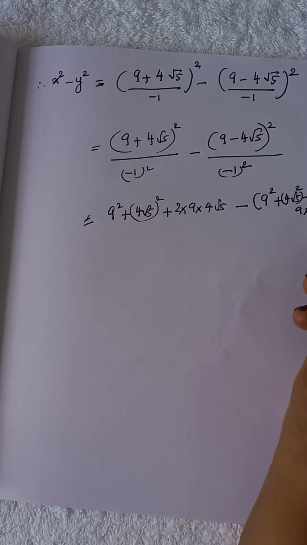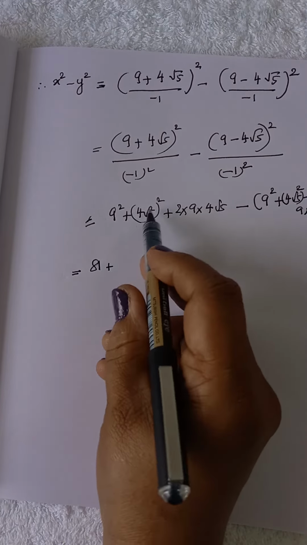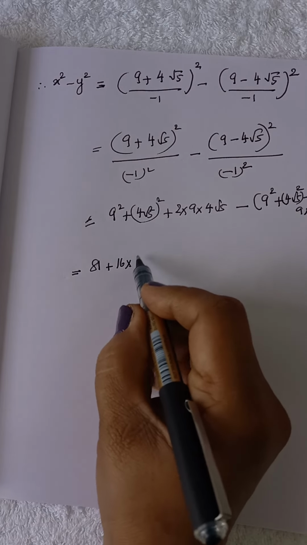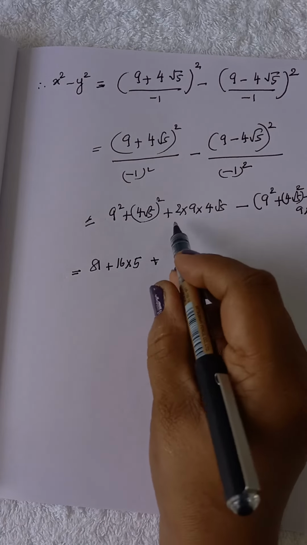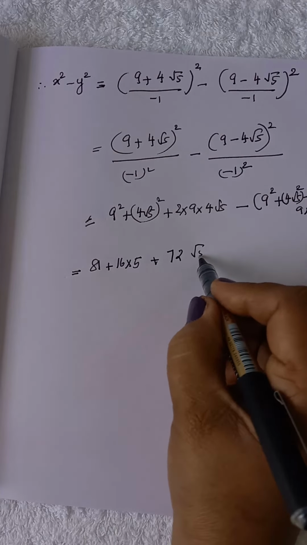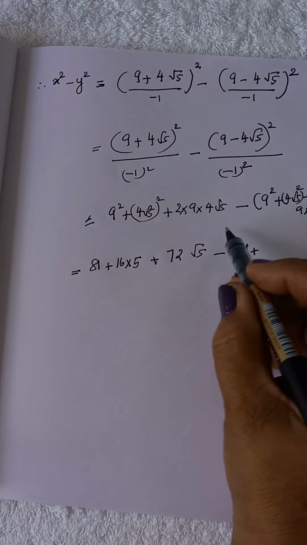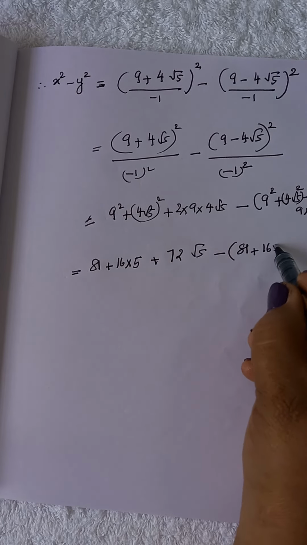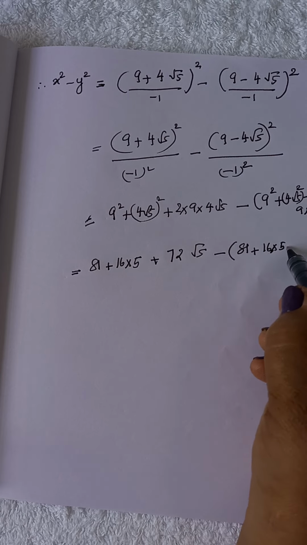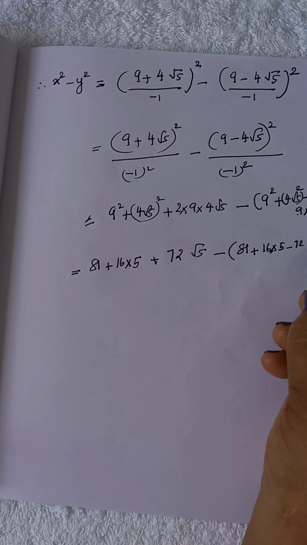That is equal to 9 square, that is 81. 4 square is 16 into root 5 square is 5 plus 2 into 9 into 4, that is 72 root 5, minus 9 square, that is 81 plus 4 square is 16 into root 5 square is 5 minus 2 into 9 into 4, that is 4 into 2 is 8, 8 into 9 is 72 root 5.